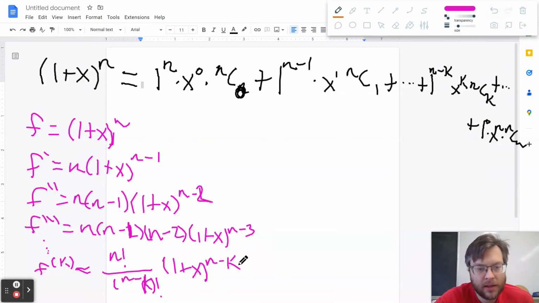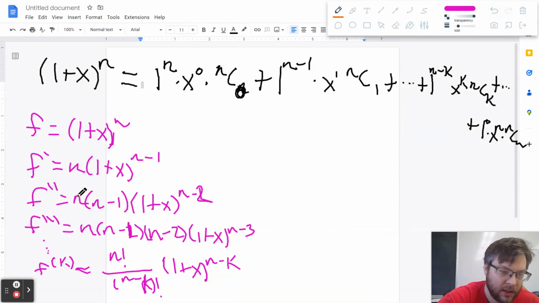So notice that the power matches with the order of the derivative, and the coefficient goes to one less than that. So the second derivative goes to n minus 1, the third derivative goes to n minus 2, the kth derivative goes up till right before n minus k. So that's why I'm canceling out n minus k factorial on the bottom.